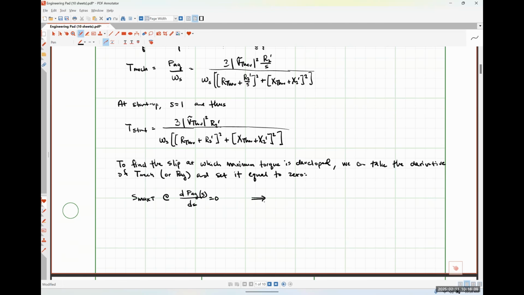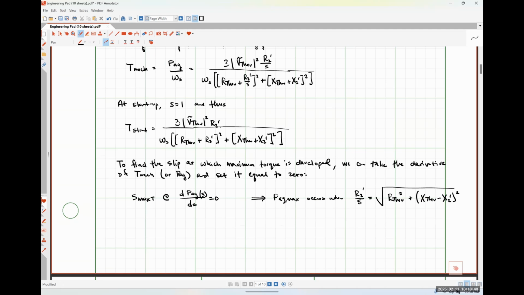And if we do that, we find that our air gap power, sorry, that should be AG, occurs when R2 prime over S is equal to the square root of R Thevenin squared plus the quantity X Thevenin plus X2 prime squared.